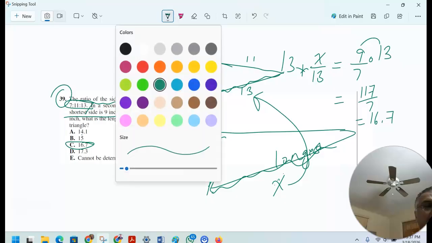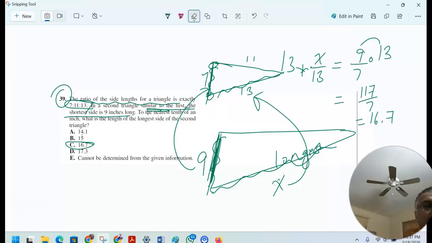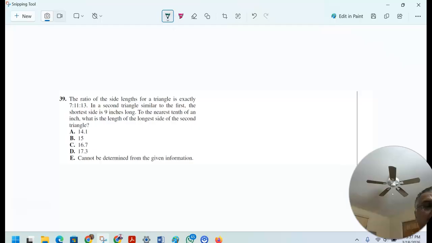Or if you do not want to draw, is there a way to do it directly? And that is because this is a smaller one, and the shorter side, that means there is a triangle like this, and maybe this is the short and this is the long. This one is given to us as 9.